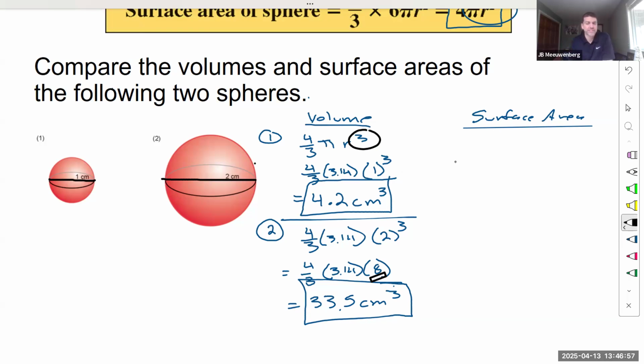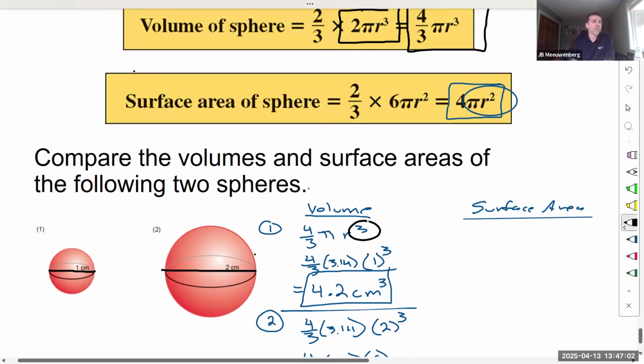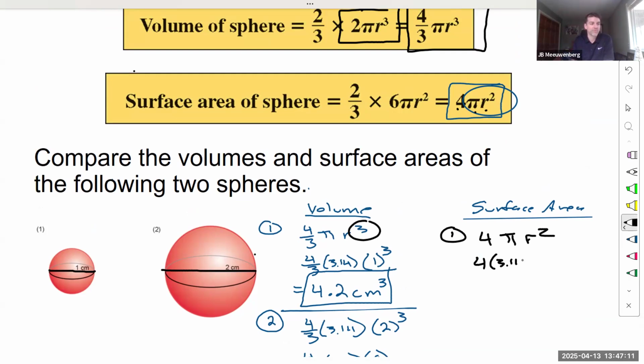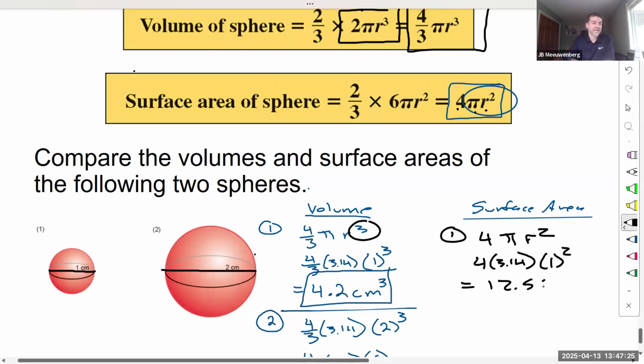Let's examine the surface area and compare them. Our surface area formula is 4 pi r squared. For sphere 1, 4 pi r squared will be 4 times 3.14 times, again, our radius is 1, so 1 squared. 4 times 3.14 times 1 is 12.56. Surface area is always measured in square units.